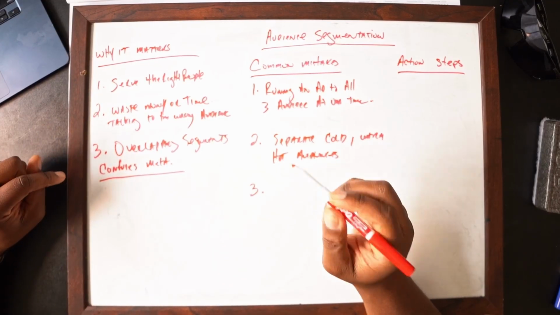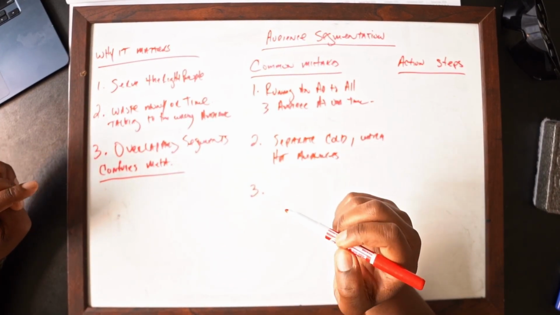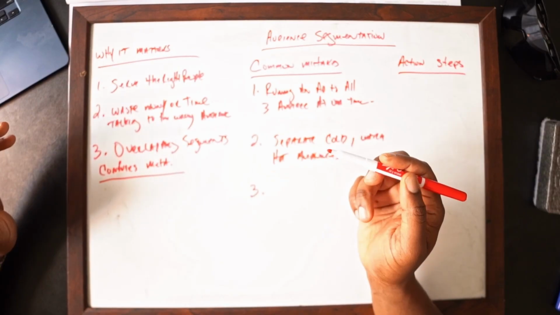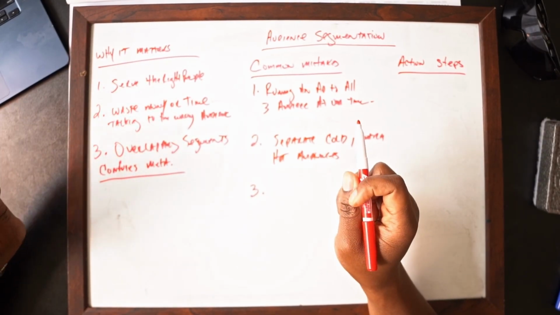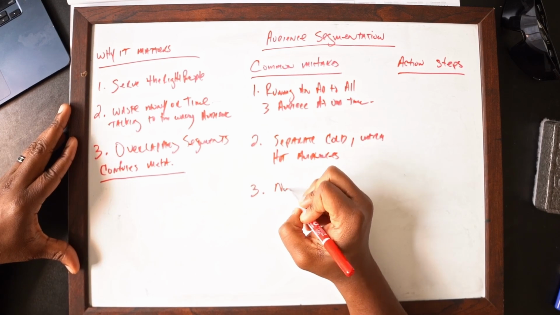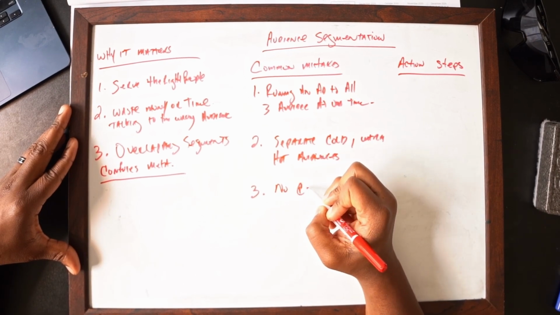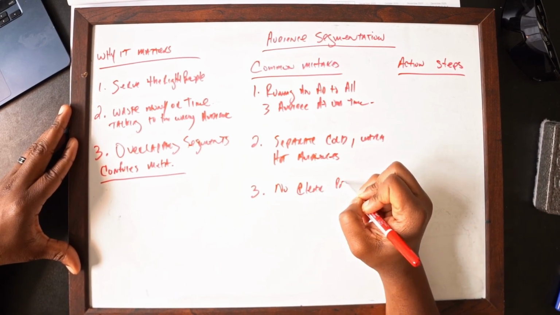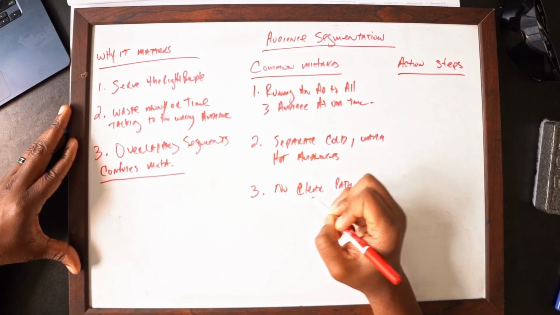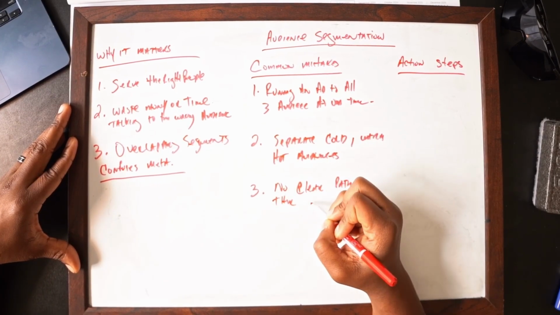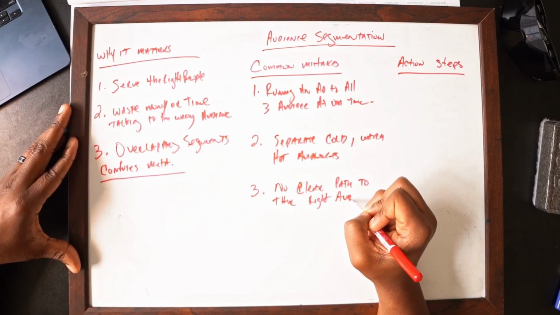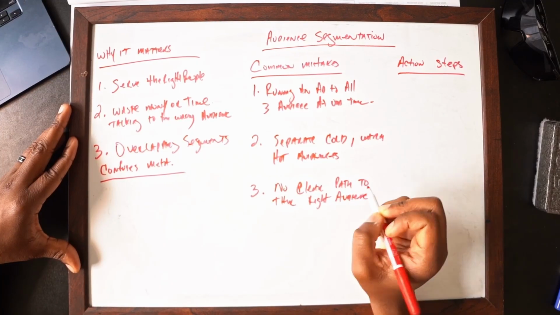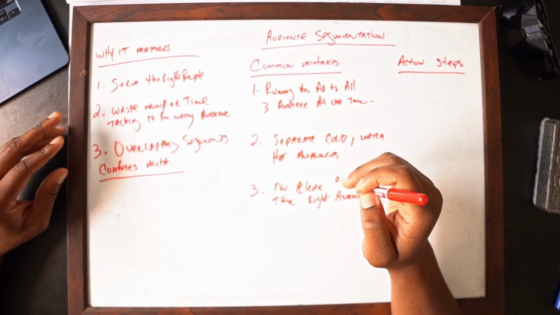And then number 3, we're gonna get into overlapping as well, right? Overlapping is really a really big common mistake because you don't have a path, right? There's no clear path to the right audience. Having a clear path to the right audience is key.